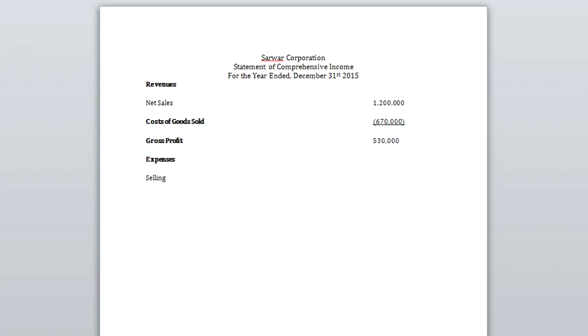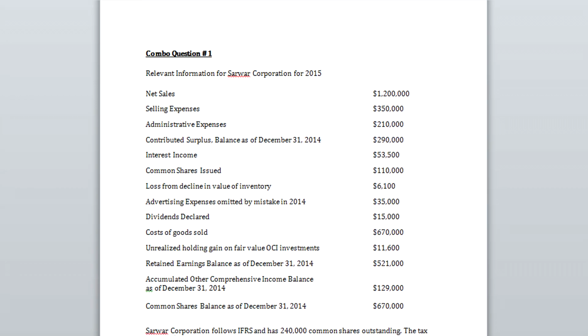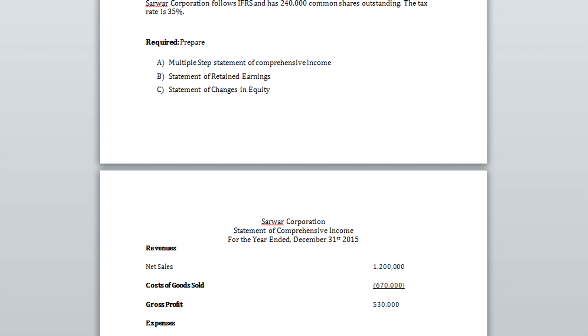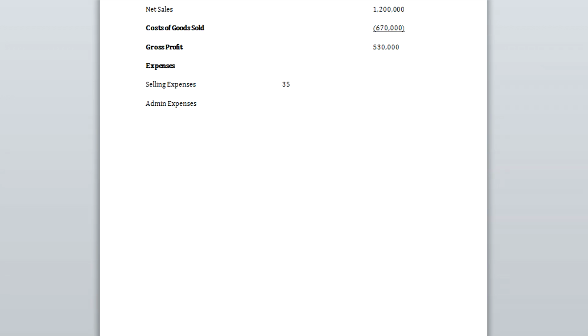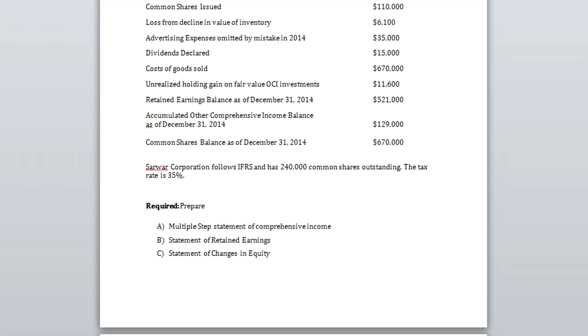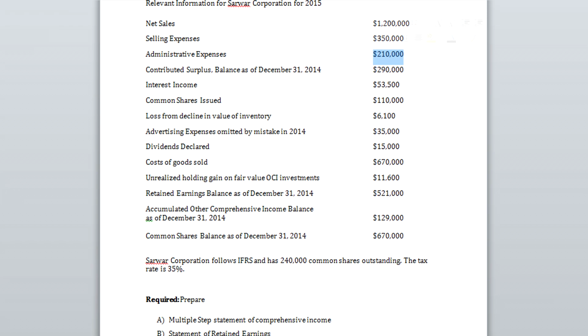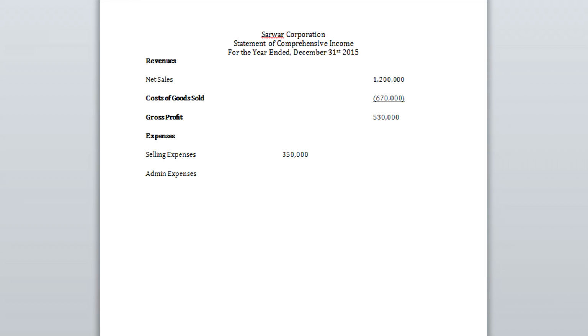So we're just going to throw in selling expenses, and then our next one is our admin expenses. So selling expenses for the year are $350,000. And then our admin expense for the year is $210,000. So just throw that in there.